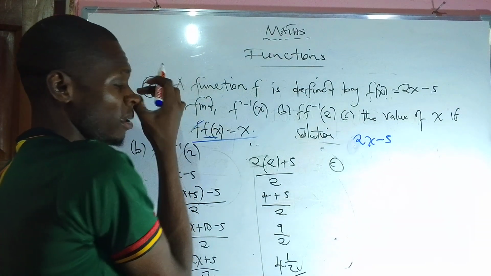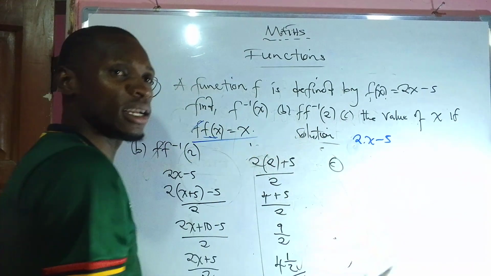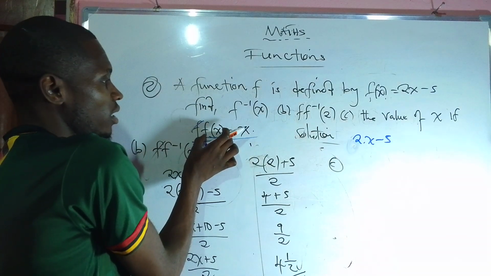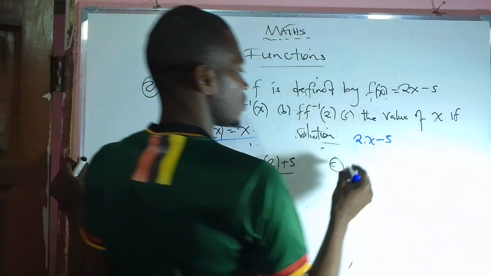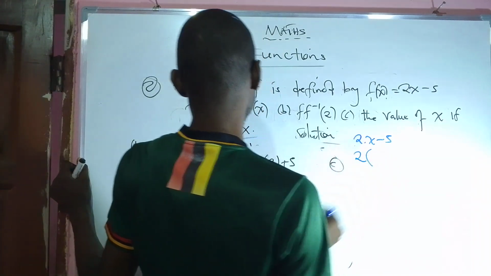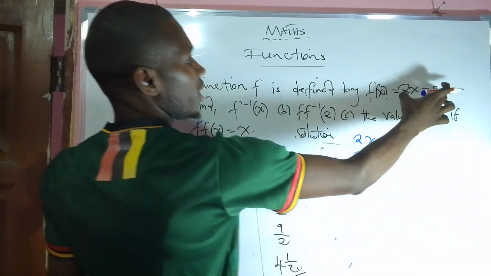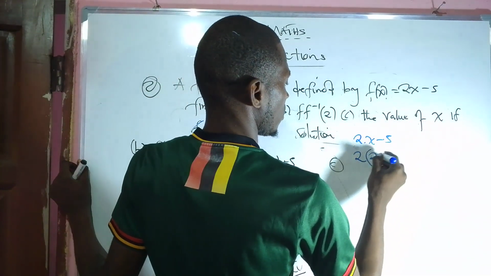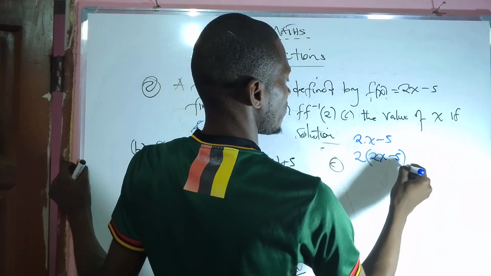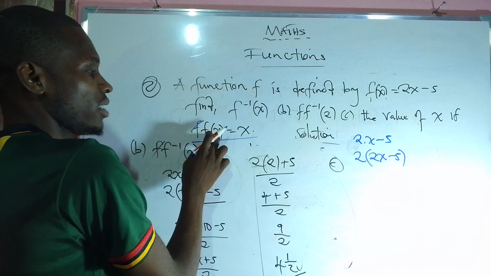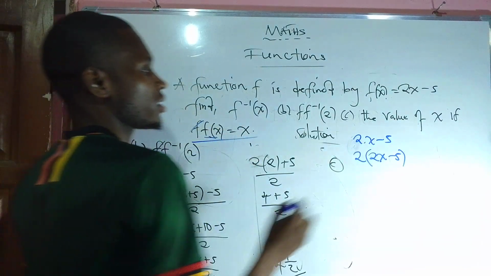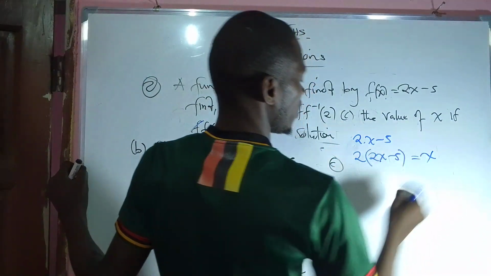Remember that I said x is like a gate. For this one to be written, it needs to enter where there is x. So we'll say 2, open bracket, then I'll write the same thing, 2x minus 5. Now they are saying this f of x is equivalent to x. So I'll say equals x.